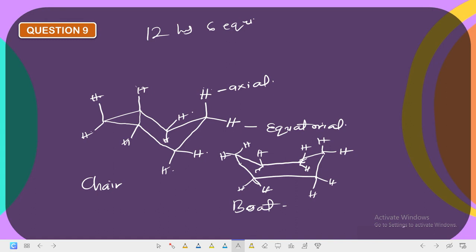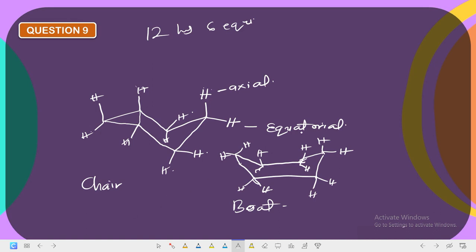Axial, facing up and down. Now I counted equatorial. This is 1, 2, 3. Then this is 4. And then one of these is supposed to be here also. 4, 5, then 6. Just forget about the counting for now. Let's not waste our time trying to spot out equatorial and axial.